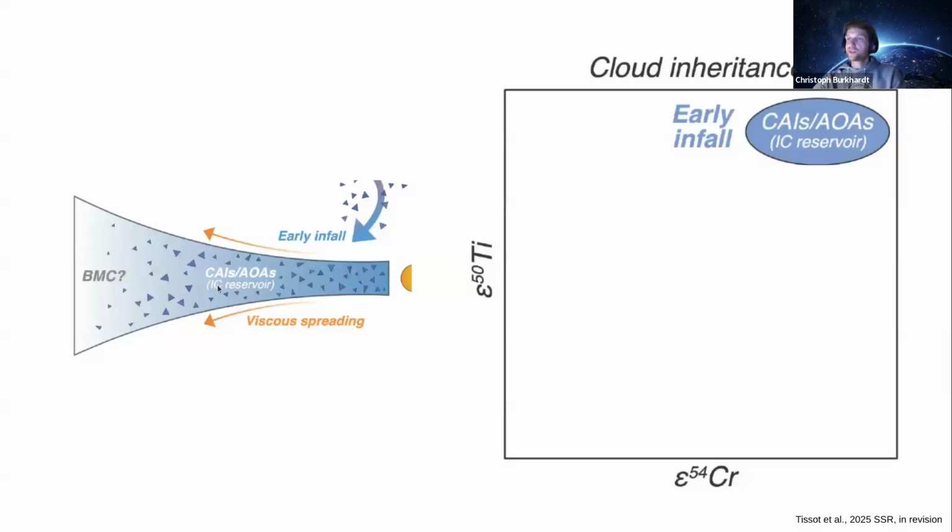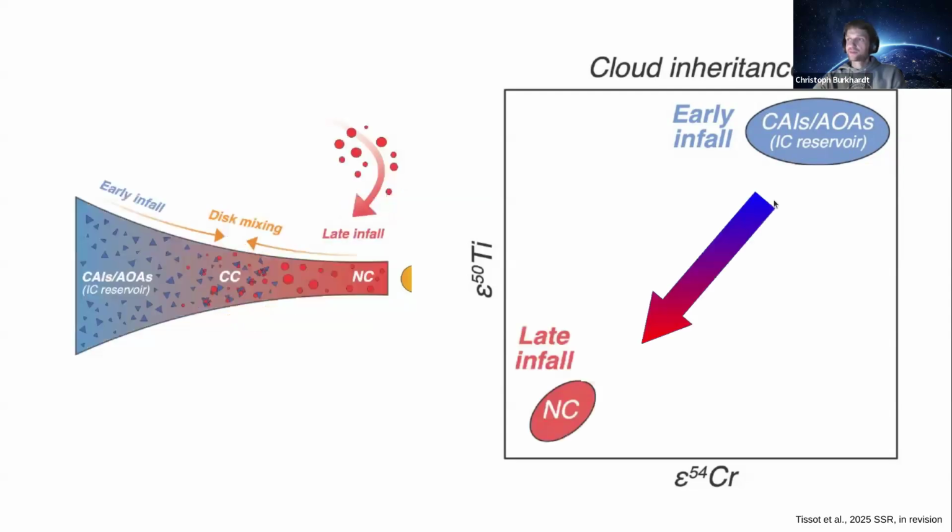But it's not only CIs and AOAs, it's basically the composition of this early infall, which is still solar chemically. That's why we call this the IC, for inclusion-like chondritic reservoir. And then we have later infall, which would be NC-like.